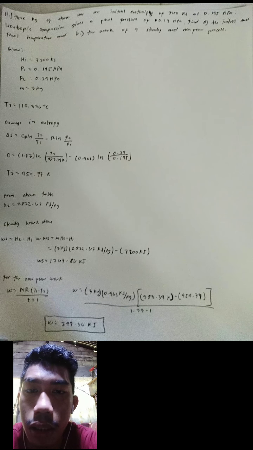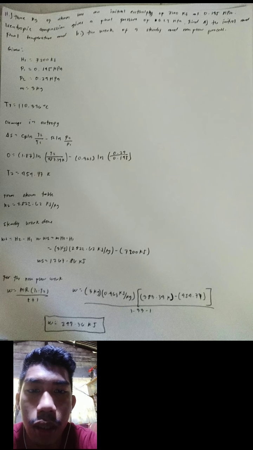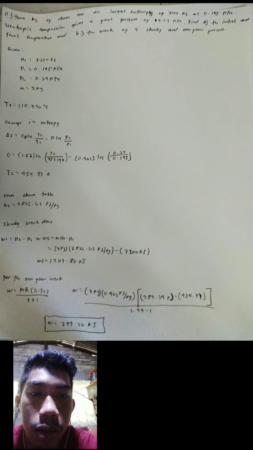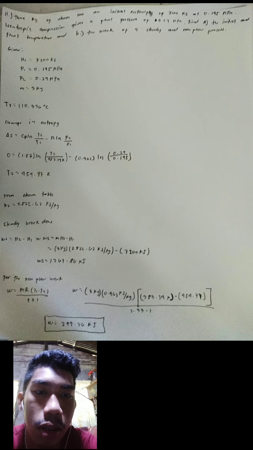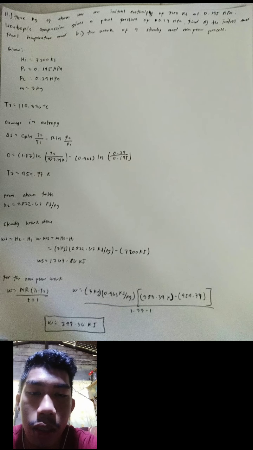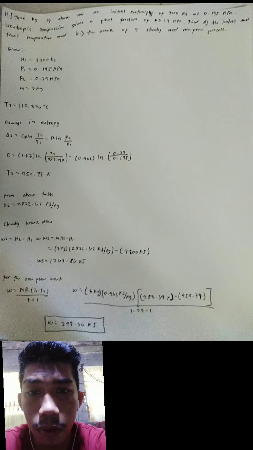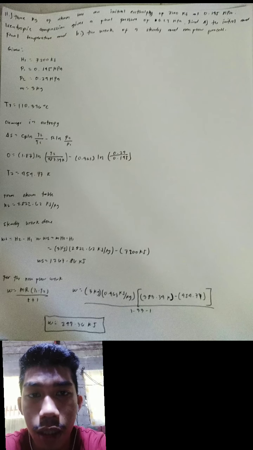So 0 is equal to 1.87 ln T2 over 383.34 K minus 0.461 multiplied by ln of 0.29 over 0.145. T2 is equal to 454.77 K.